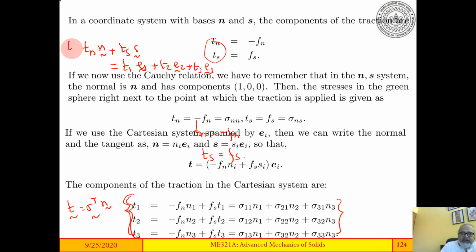Both these give you the traction. But when you find the components, it depends on which coordinate system you describe your normal in. You will get the components of the traction in the coordinate system in which you describe your normal n.